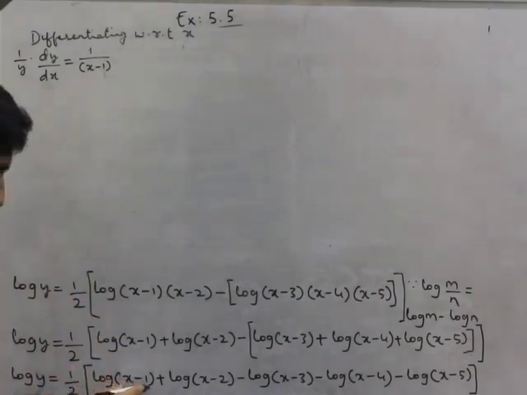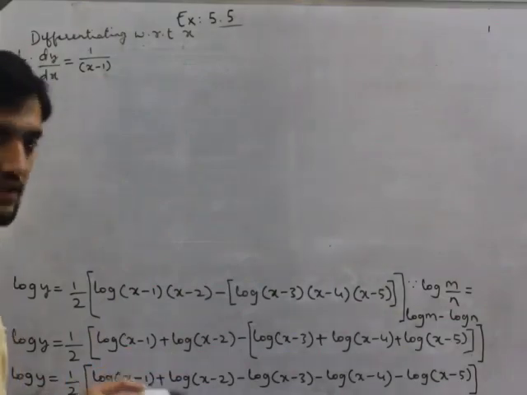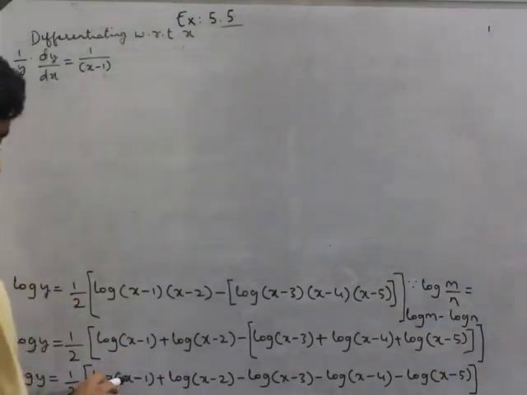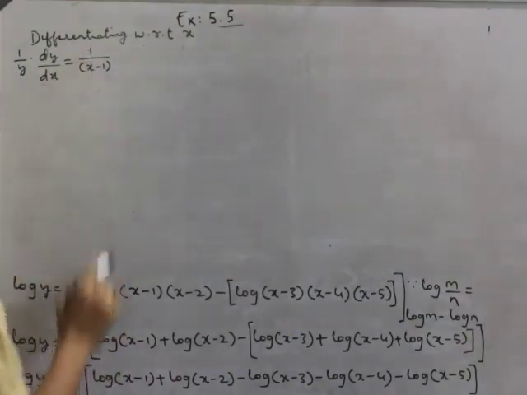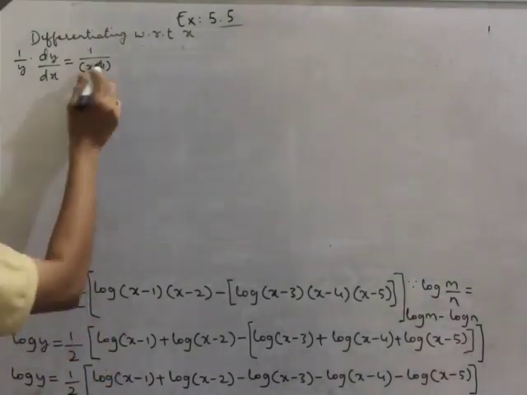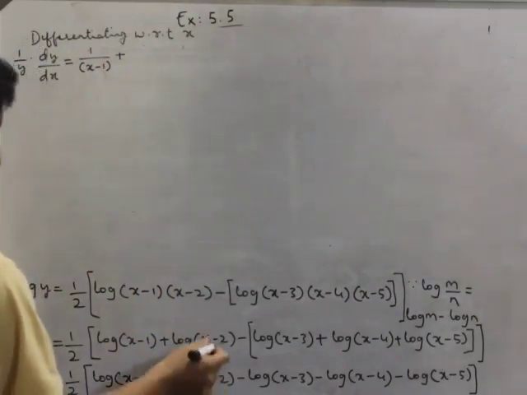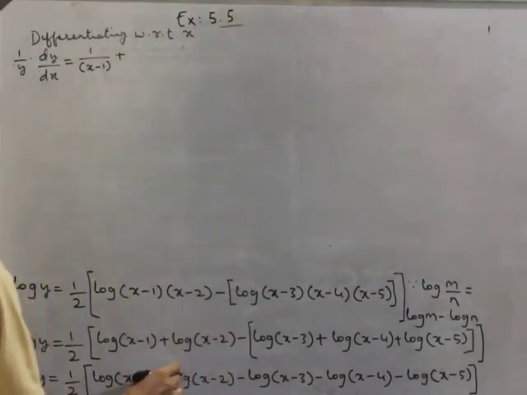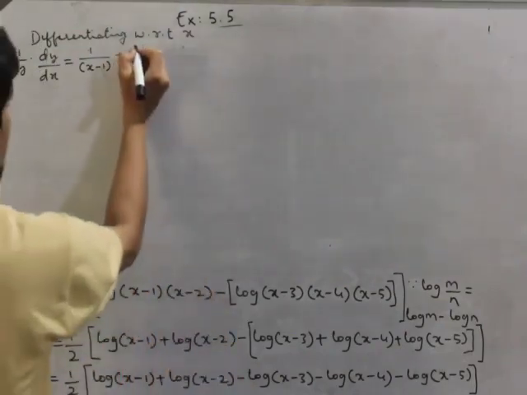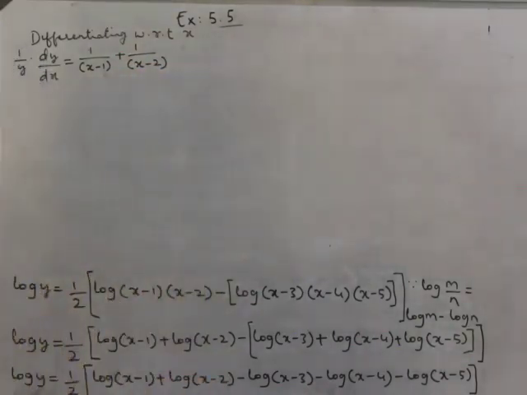now I have differentiated the log function. Now differentiate the x minus 1 function. Differentiation of x is 1, minus differentiation of 1 is 0, because we know differentiation of a constant is 0. So what I will get here? 1 by x minus 1 into 1, that is differentiation of x. Plus same thing here, log of x minus 2: differentiation is 1 by x minus 2 into differentiation of x minus 2.